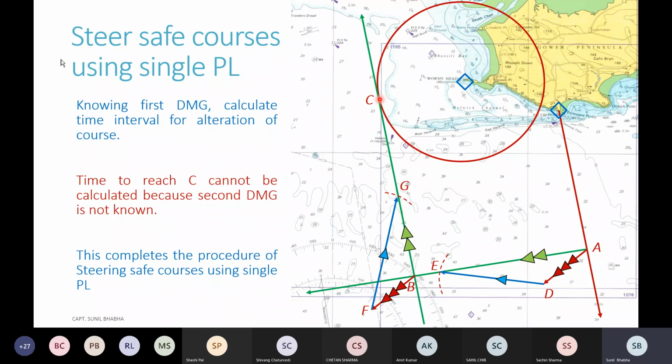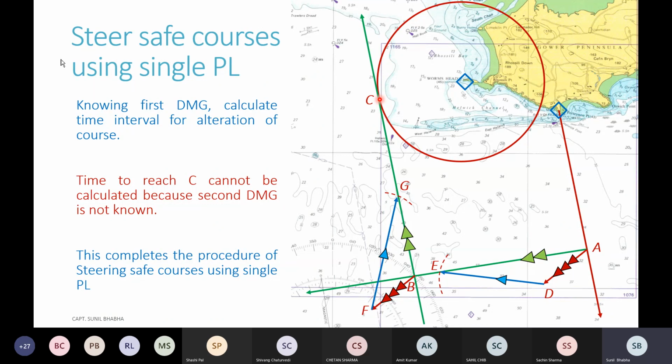So you can clearly see here that even though we were not aware of our initial position, we were still able to calculate the set of these two courses. If we follow these two courses, we are certainly going to reach at our destination, point C, or we are certainly going to pass for maintaining the minimum safe distance from the worm's head point.